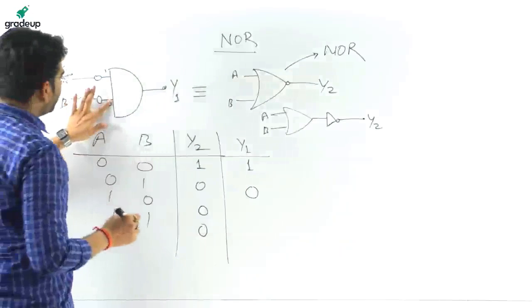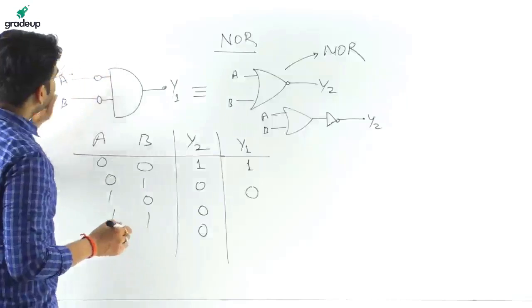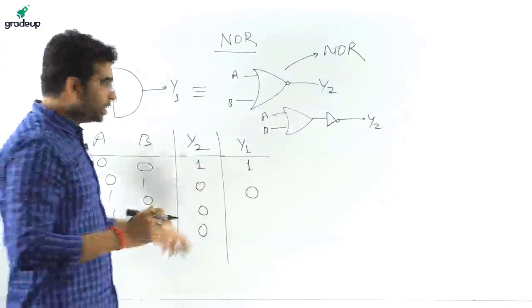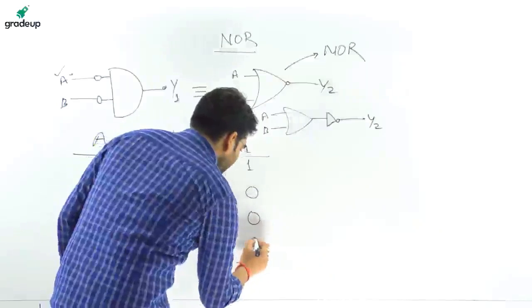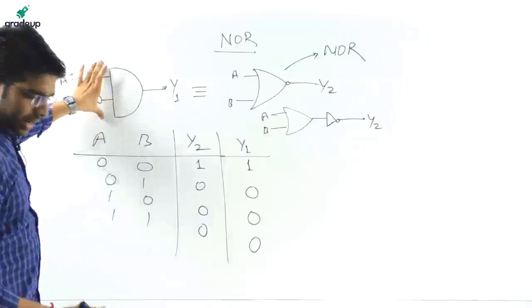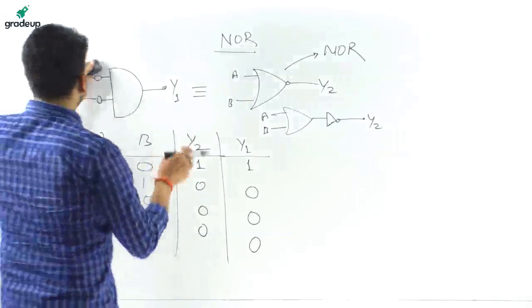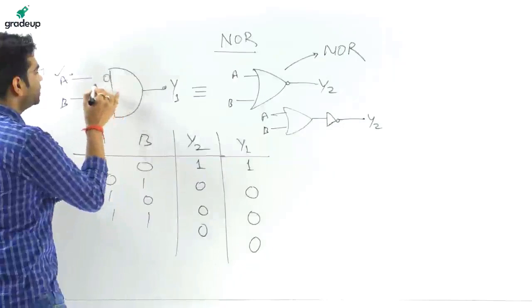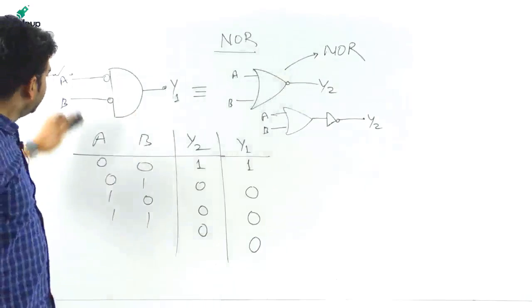So if any of the input is 1, here we will be having 0. ANDing any function with 0 will give 0. So a bubbled AND gate will give us a NOR gate. Bubbled AND gate is represented like this.